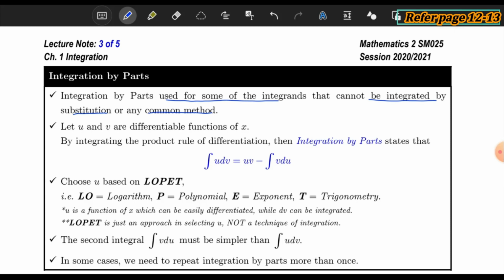Then, if the integral cannot be integrated directly, we need to use integration by substitution. If the substitution method cannot be used, we need to choose the integration by parts method.